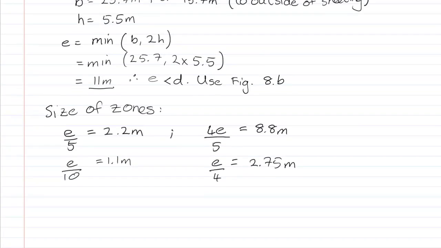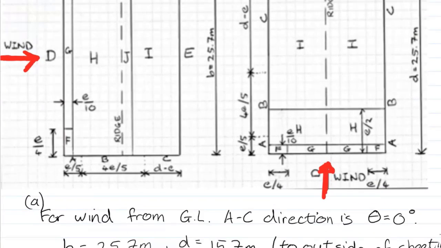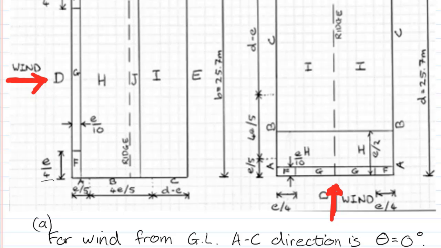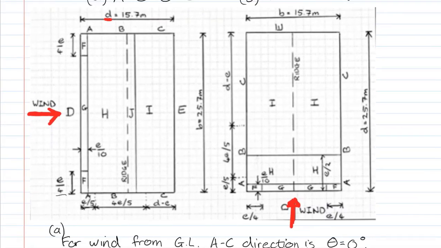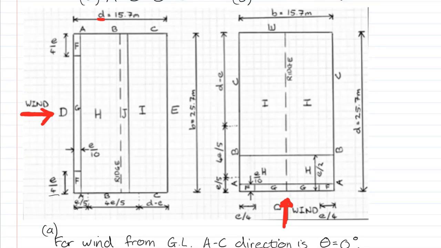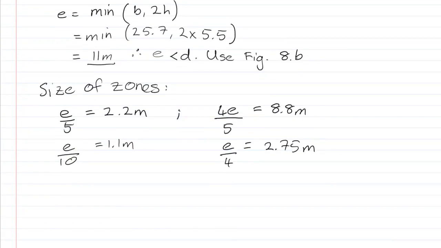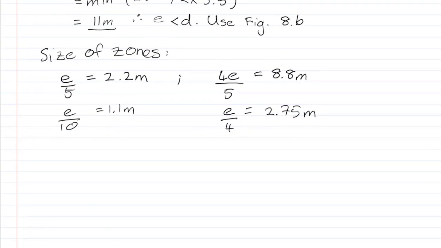That will give you the various dimensions you see here: E over 4, E over 5, 4E over 5, etc. So relative to the diagram we looked at earlier with all the different pressure coefficients for both the walls and the roof pressures, you end up with those dimensions calculated now. And then we can move onwards.